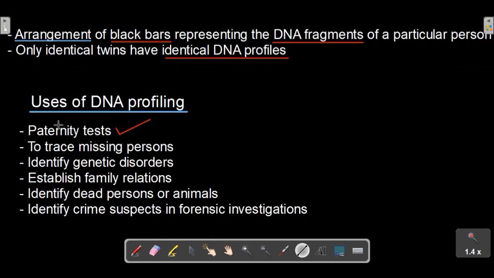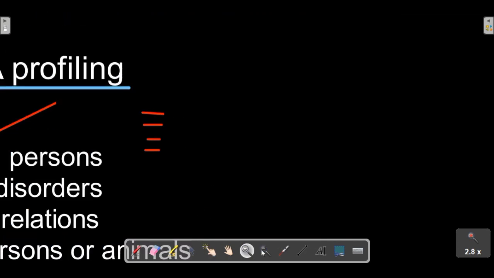this. So you match the DNA profile of the father and the DNA profile of the son. If these black bars do not match, so if the son has black bars that look like this, then this guy cannot be the father of the child.